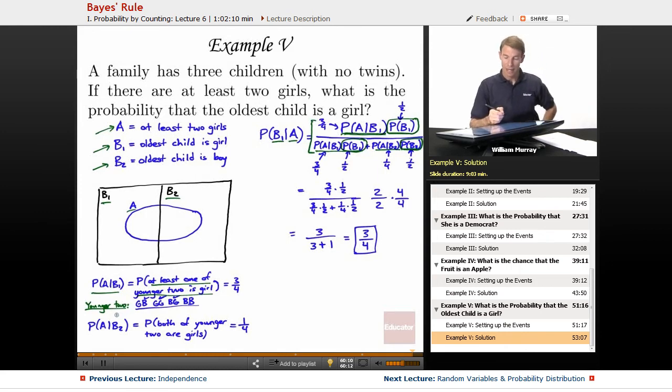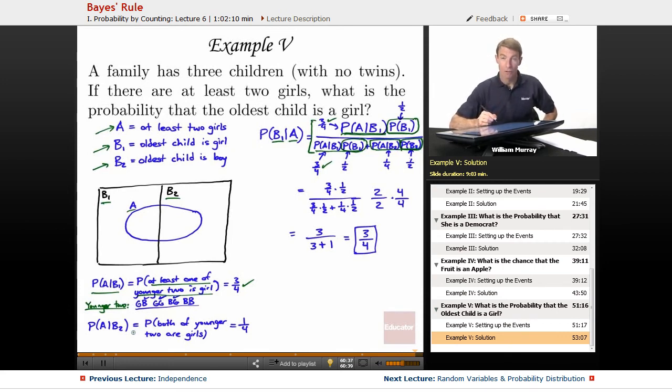So how many of those have at least one of them being a girl? Well, there's 3 of those possibilities, so 3 out of 4. And that's where this 3/4 came from, and that's where this 3/4 came from. Now A given B2, this one right here, means the probability of getting at least 2 girls given that the oldest child is a boy.